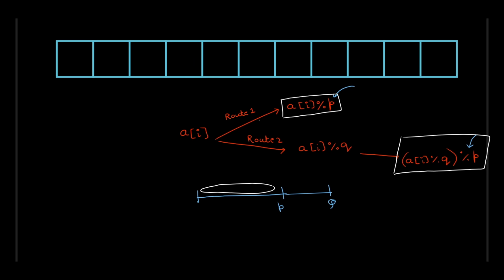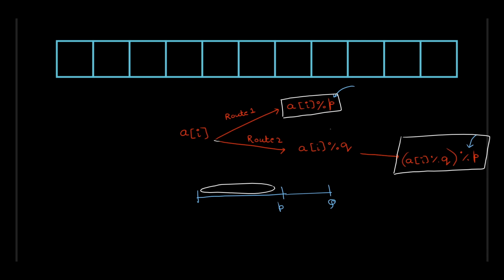Right? So now you can notice that once you have arrived at this stage, modulo P, you can keep on applying any operation that you want and your answer will not change. So that is why this is the minimum that you can achieve.